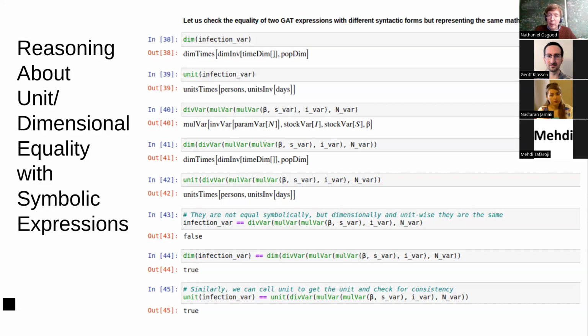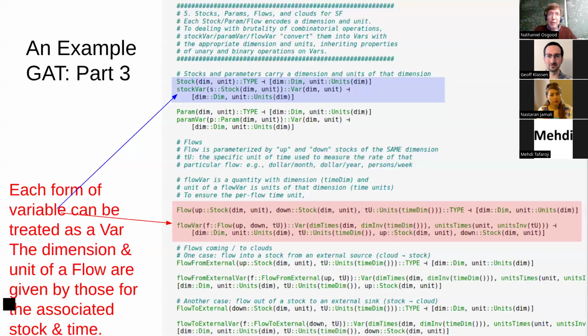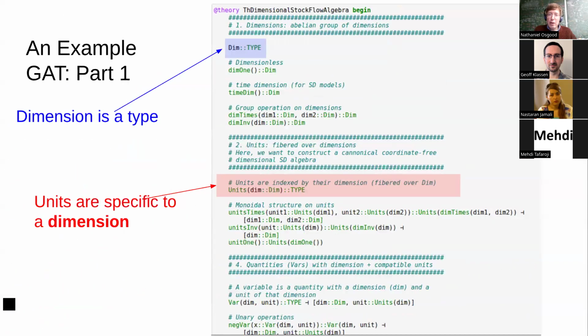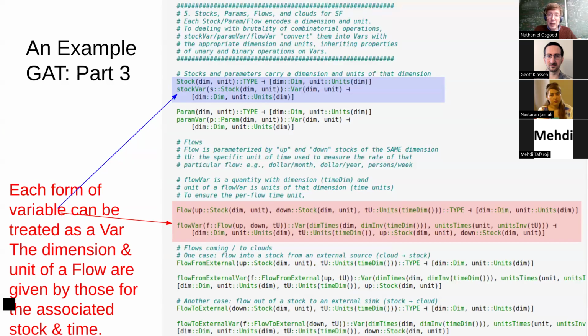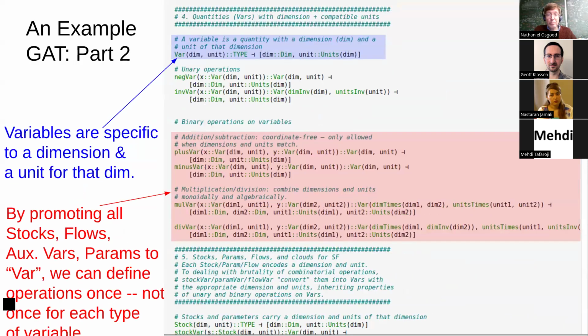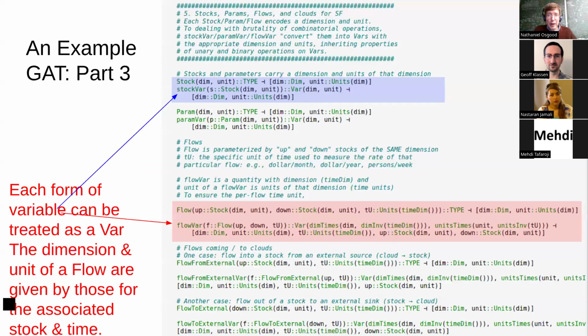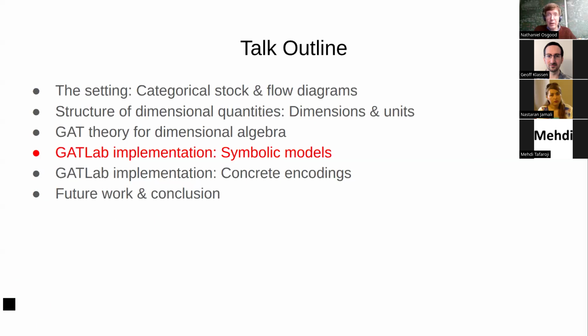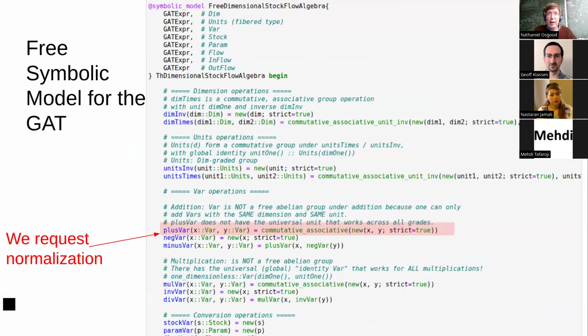Think about that for a moment. So we have this theory that describes these things we really care about, dimensions and units, and that describes how they're related to stocks and flows. And it describes them, not just encoding them, but these operations on them and how we track things through these units. And we can, in GATLab, say we want a symbolic model of this sort.